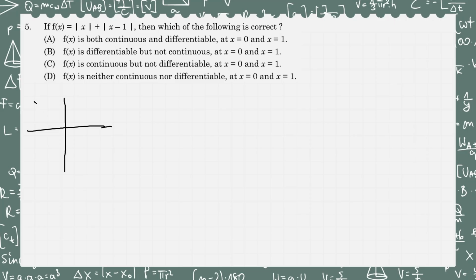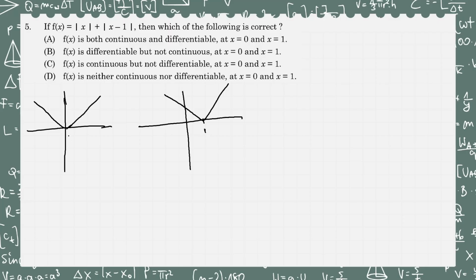It will be something like this. And let us recollect the modulus x minus 1 function, which will be like this. This is 1 here. So it will come and touch 1 and then return back like this.